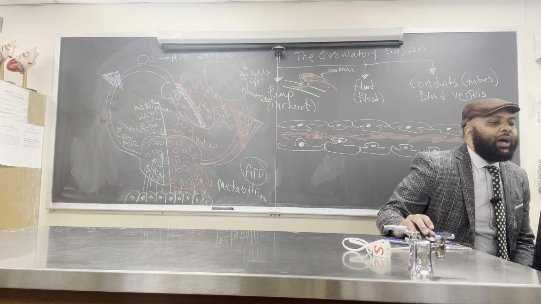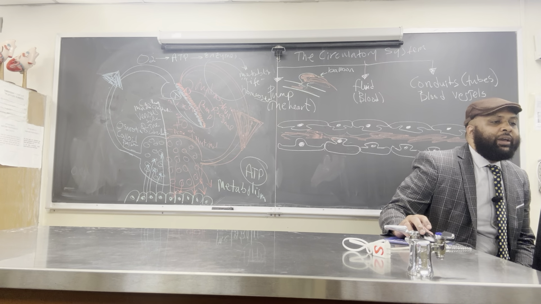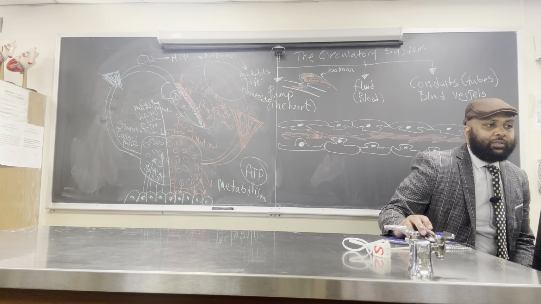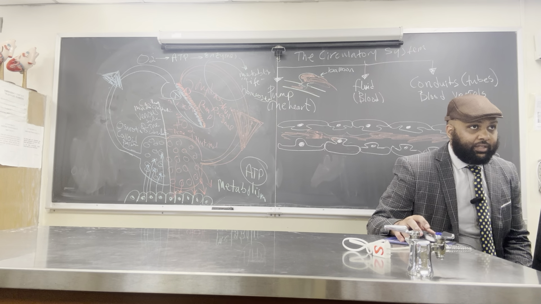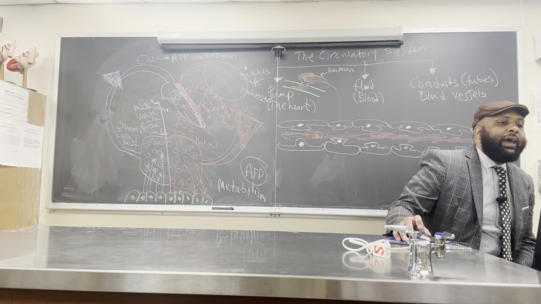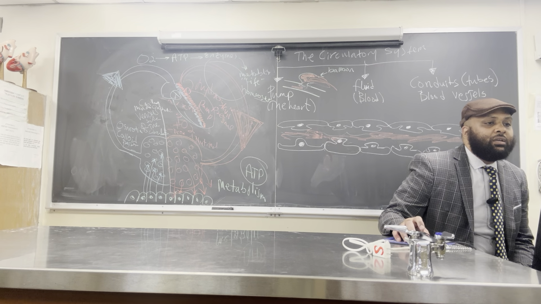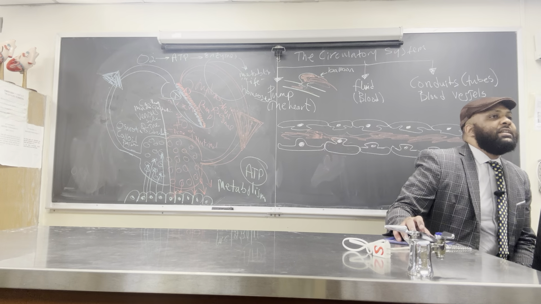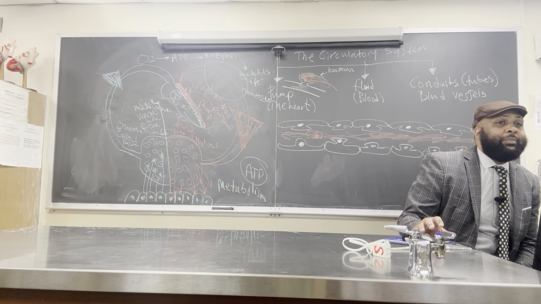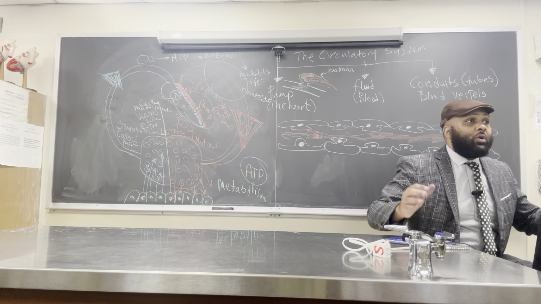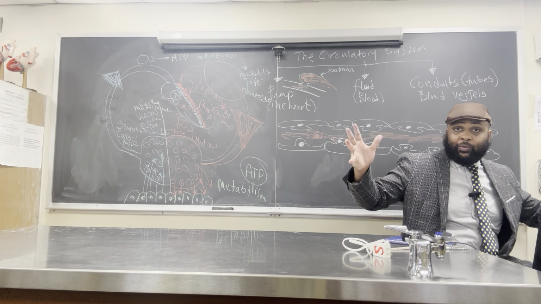Okay, now if you examine these big blood vessels, what do we call them? We call them conducting arteries. These are like the highways. You know the BQE? The Major Deegan Expressway? Those are the really big highways.